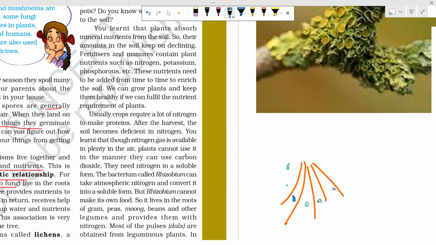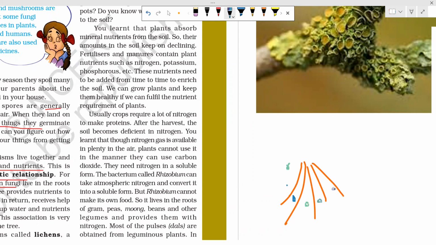The plant needs to absorb water because without water the plant cannot produce food; for photosynthesis, water and minerals are very much required. So in some plants, this fungus helps in absorption of water and minerals from the soil.